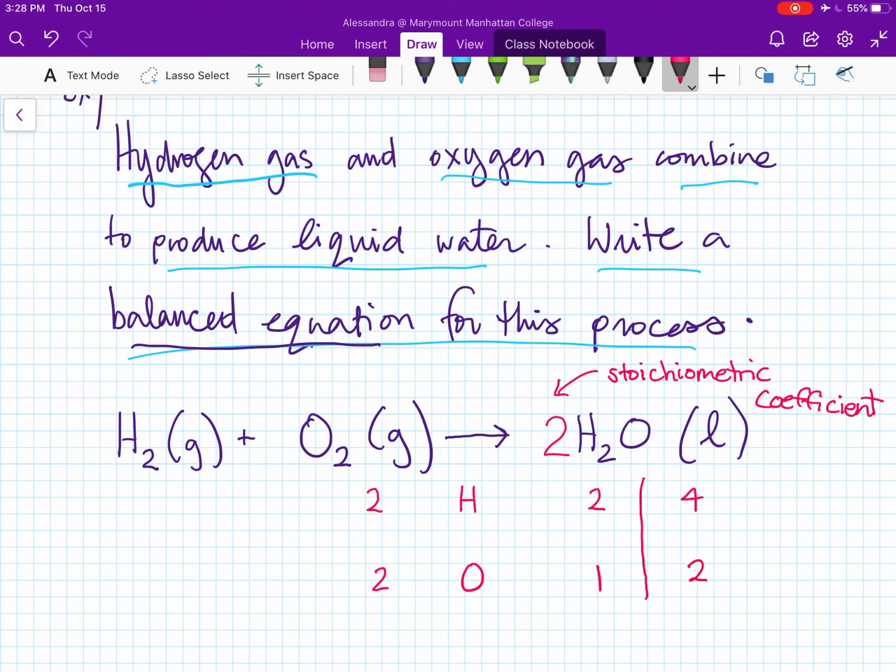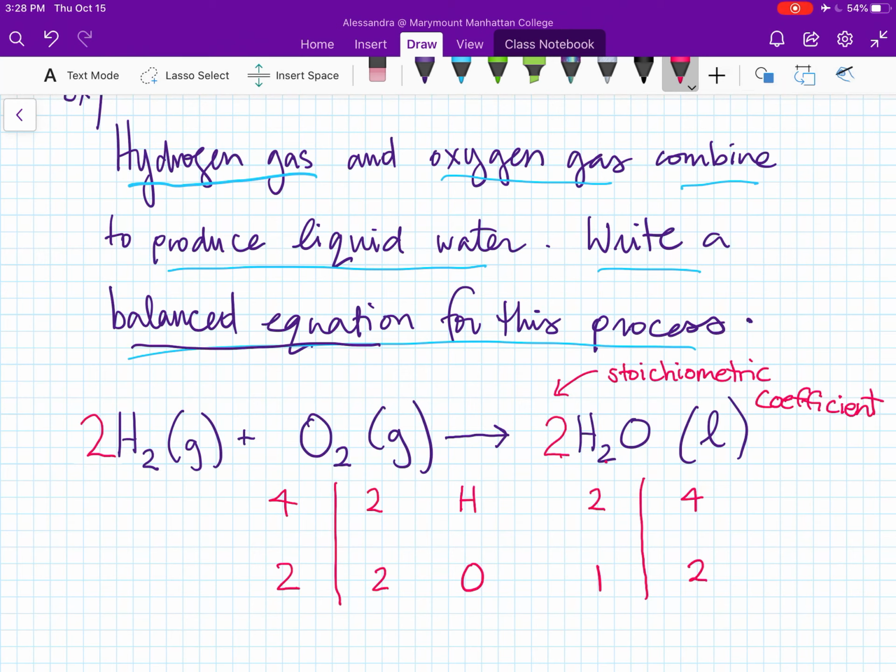Now I have 4 hydrogens and 2 oxygens because 2 times 2 is 4 and 2 times 1 is 2. So in order to equalize the number of hydrogens, I can put a big 2, a stoichiometric coefficient, over on the left side, and that will bring me into balance. 2 times 2 is 4, and I still have 2 oxygens. So now my reaction is fully balanced.